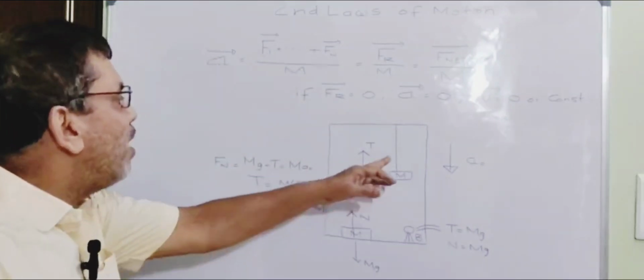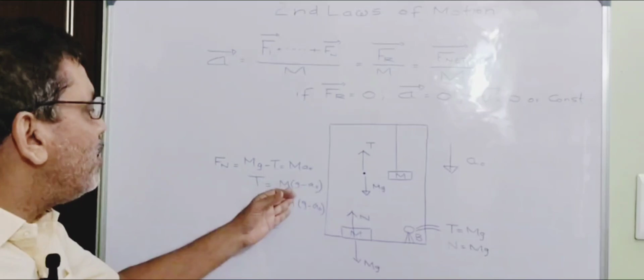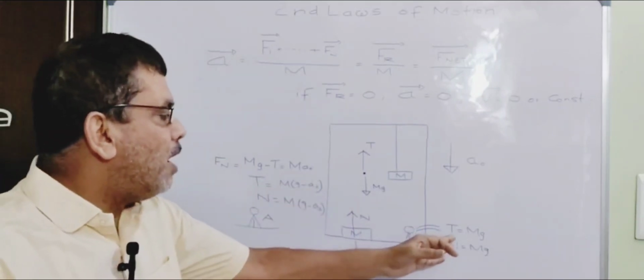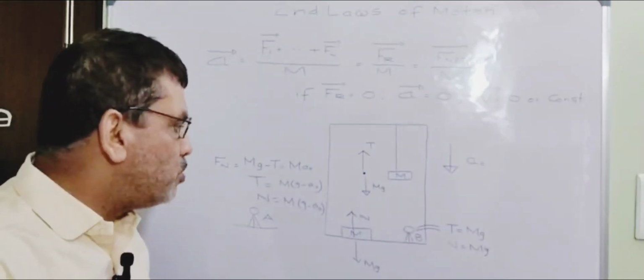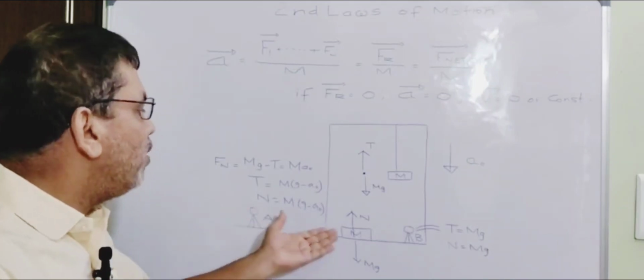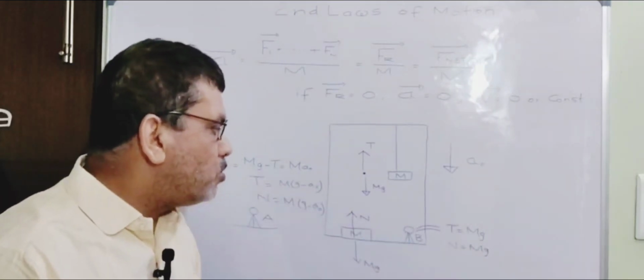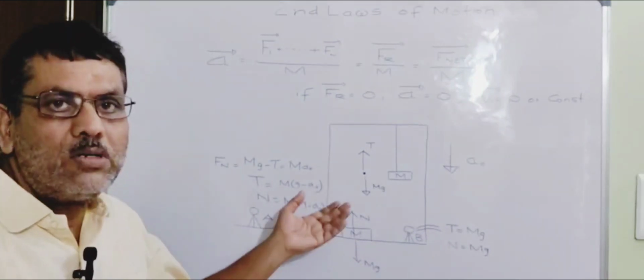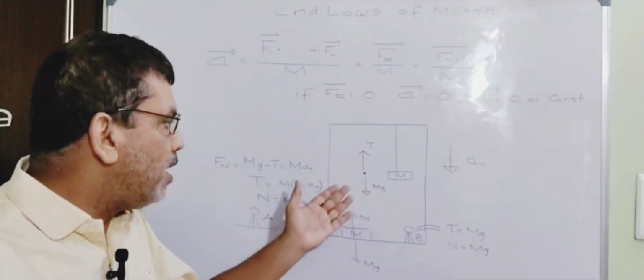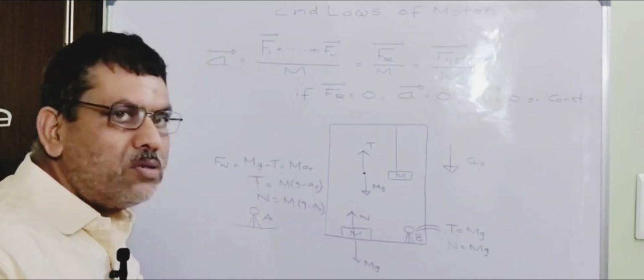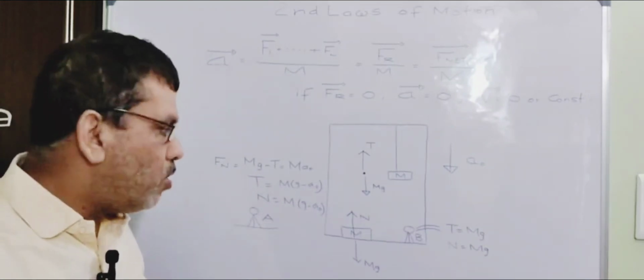Now I am getting two values of tension. At one place I am getting mg minus m a naught, and at another place I am getting T equals mg. In the same way, I am getting two values of the normal reaction. Somewhere some mistake is there, because it is the same string, but we are getting two values by applying Newton's laws of motion.